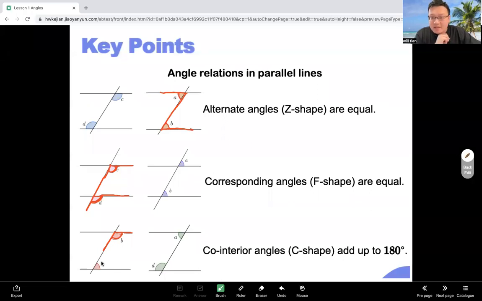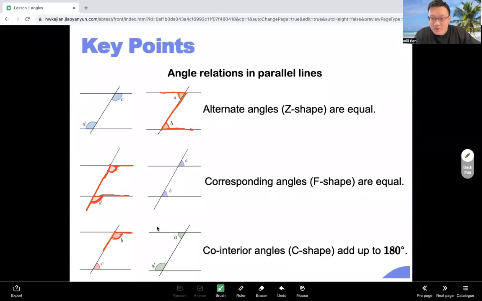So angle B and angle C, do they equal each other, like the Z shape and F shape? No, of course not. Because you see that B is an obtuse angle, right? And angle C is an acute angle. Of course they're not the same, because one is smaller than 90 degrees and the other is larger than 90 degrees.